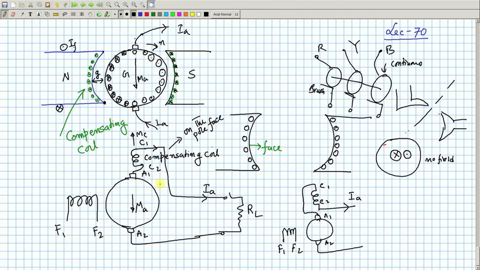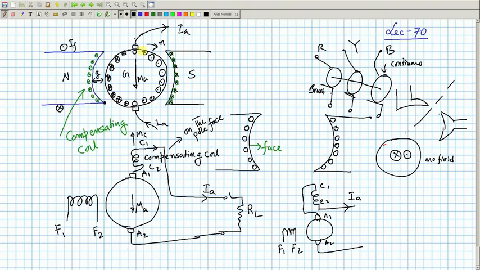Can it fully compensate this? No. Most of the armature MMF will get nullified in this process, no doubt. But there will be some quadrature flux which will be reduced, no doubt, but may be present.